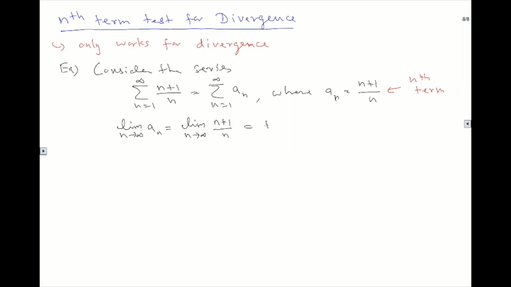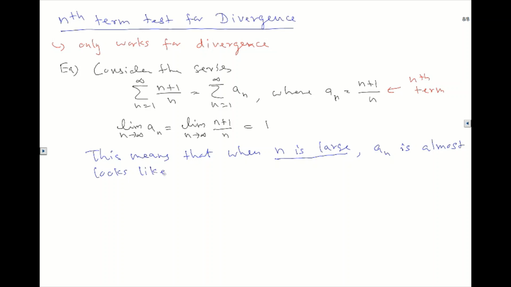This idea is very important for the future. When n is large, a_n almost looks like 1.